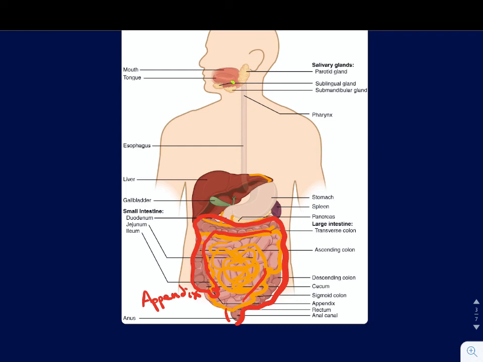And your large intestine is the rest of your digestive system here. And its function is to absorb water. So at that point, your food waste has fewer nutrients, as they have been absorbed, but it still is fairly wet. And the water gets absorbed into your large intestine there.